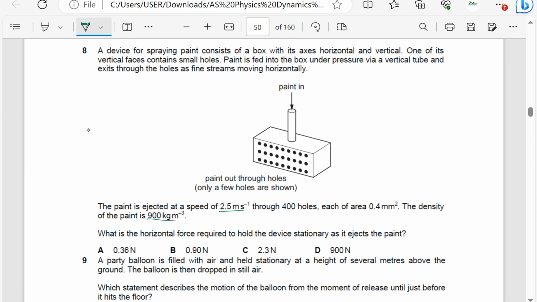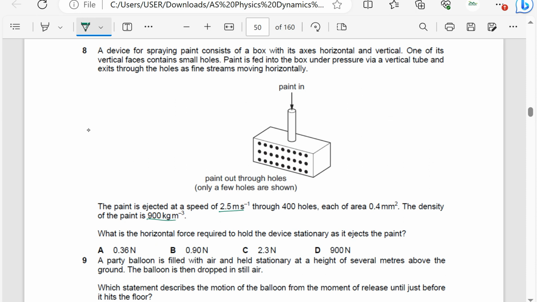Of course, as the paint comes out, by Newton's third law, the force propelling, or the action by the paint coming out of the hole, should be equal to the reaction, so that the device remains stationary.